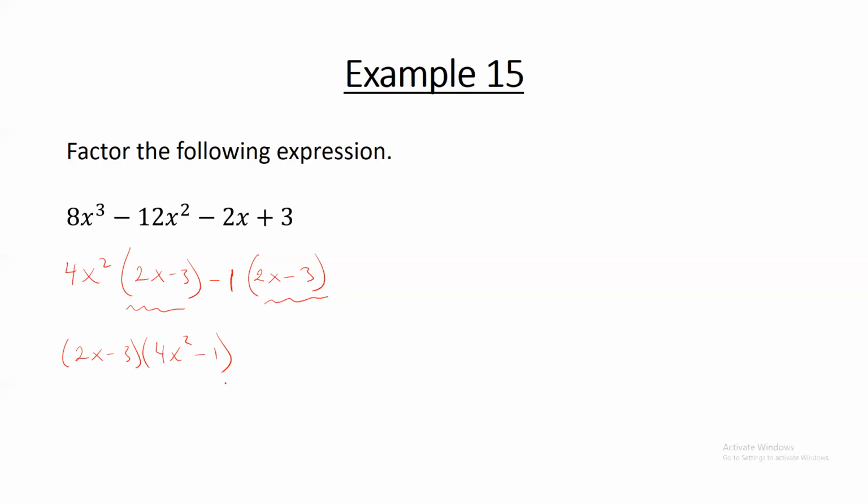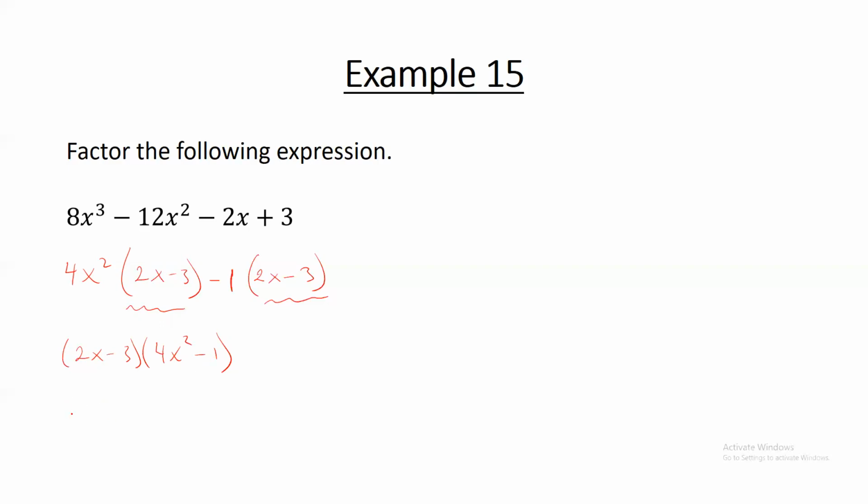At this stage, you could be well satisfied with yourself, but you should always ask, am I finished? And again, looking at 2x minus 3, nothing we can do. They're not perfect squares. There's no common factor. When we look at 4x squared minus 1, there's no common factor, but wait, 4x squared is a perfect square, and so is a 1.